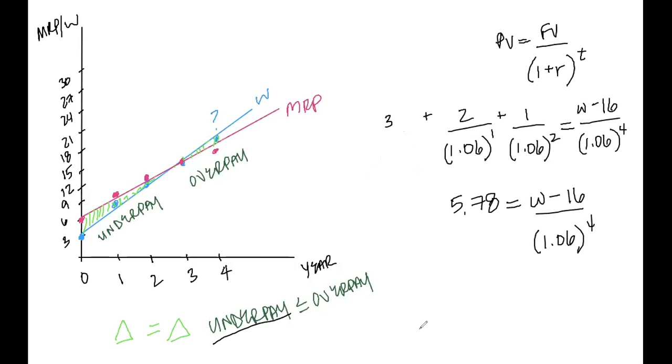Then we can isolate W by multiplying each side by the denominator on the right, so 1.06 raised to the 4th. And then we can tack on 16 to equal W. So I moved this over there, and then I moved this over there. And then finally simplifying this all down, we get a wage of $23.29.